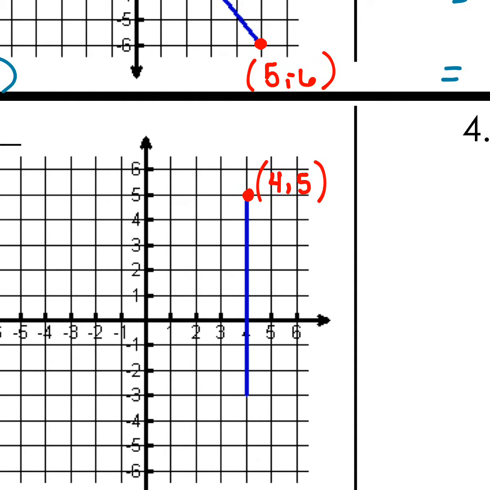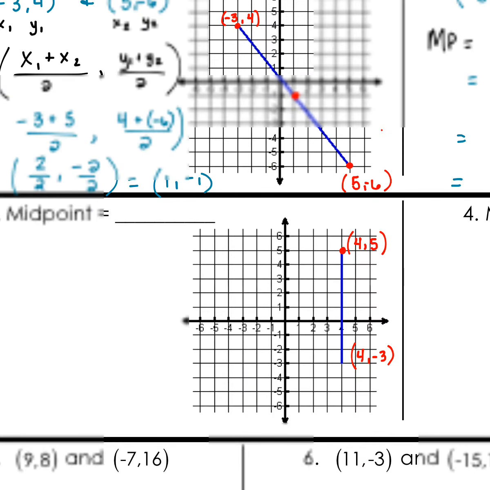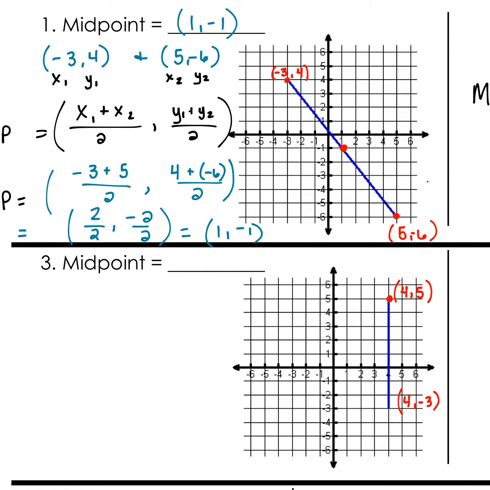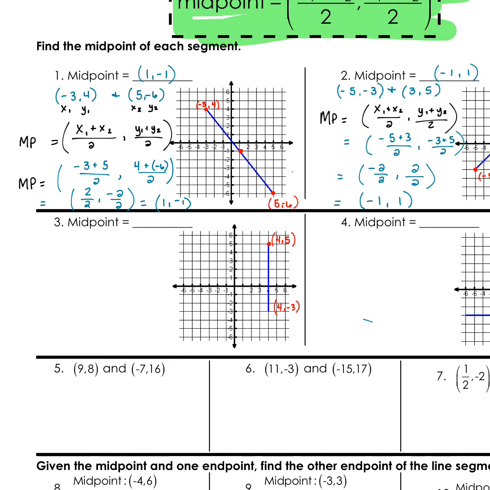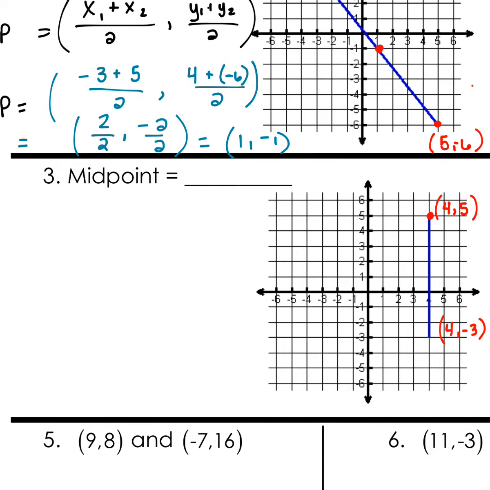And then 4, negative 3. So our 2 endpoints are (4, 5) and (4, negative 3).